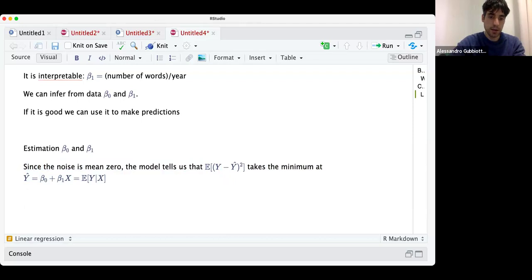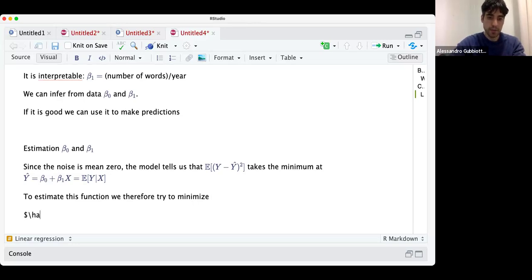To estimate this function, we therefore try to minimize this quantity here.